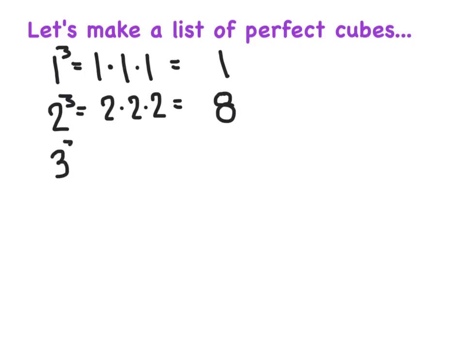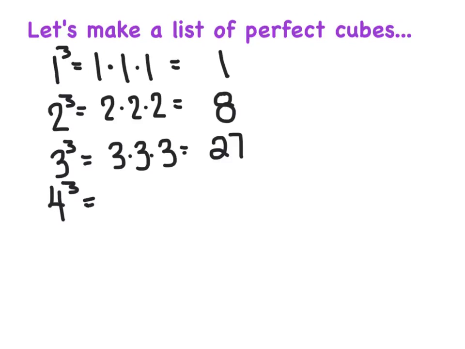Let's see, 3 to the 3rd power, 3 times 3 times 3. And of course, once the numbers start to get big enough, we're definitely going to lean on the calculator. Don't be afraid to use that calculator as a tool here. 4 times 4 times 4 turns out to be 64. So 64 is interesting.